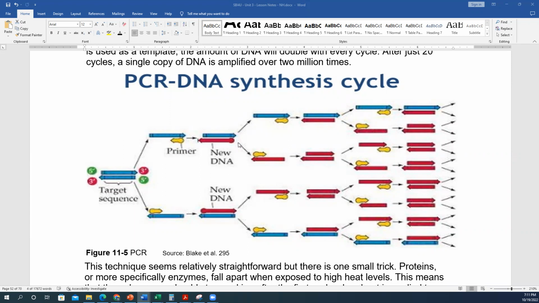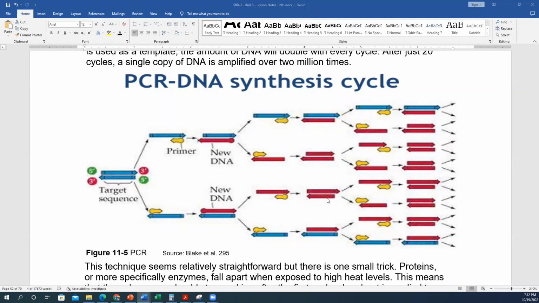So again, you need to heat these up in order to separate these double-stranded DNAs to make single-stranded DNAs, where the primers are going to recognize and bind to the corresponding ends. And again, DNA polymerase will bind and will copy. And so you'll make copies, the new DNA.